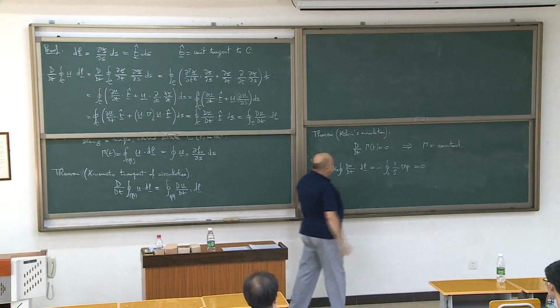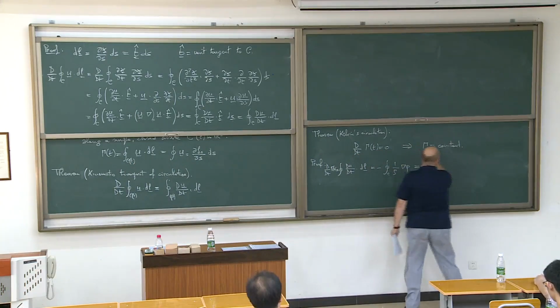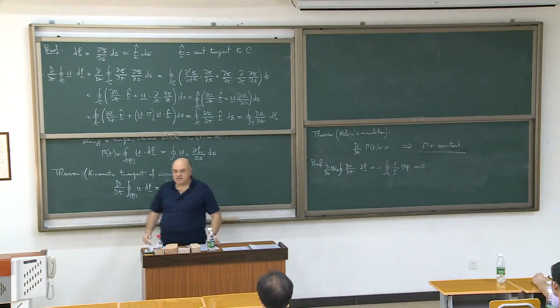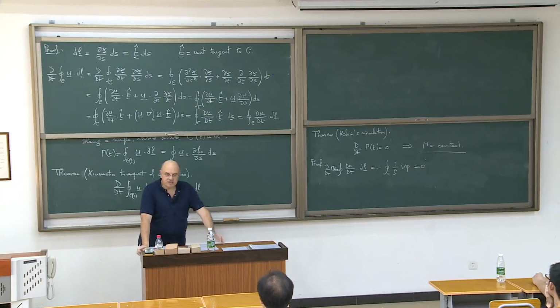Right. So this is the statement that under Euler equations we have this other conservation law. Circulation is conserved.